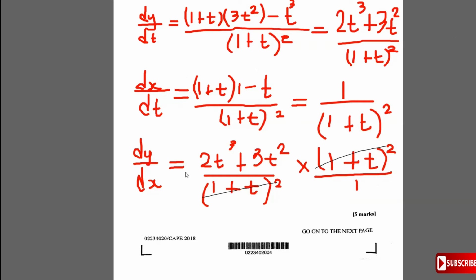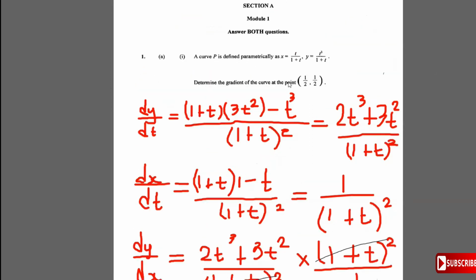Now we need to find the value of t when x is a half and y is a half, so that we can plug in that value for t. When x is a half, we get t over 1 plus t is equal to a half. So we need to find what t is.